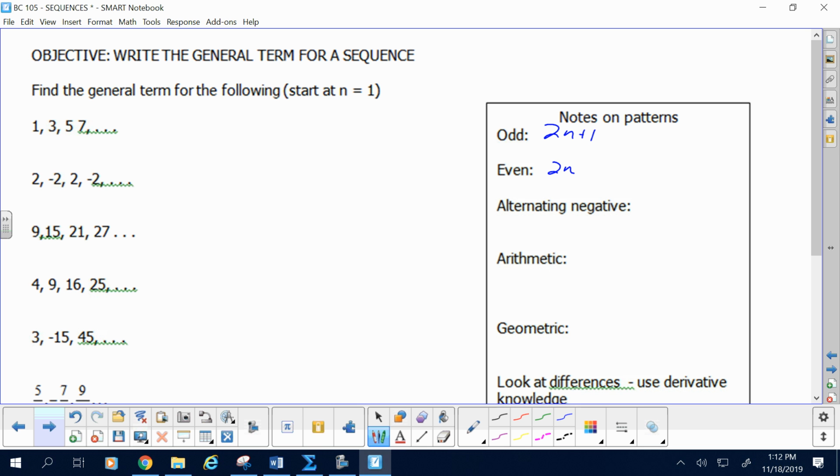Alternating negative could be -1 to the n or -1 to the n plus 1, depending on if you wanted to start positive or negative. Sometimes you'll see this, cosine of pi n. That is used sometimes to generate alternating negative: -1, +1, -1, +1. This is far more common, but this is once in a while there. I don't want you to be fooled.